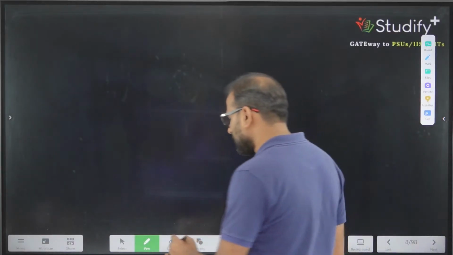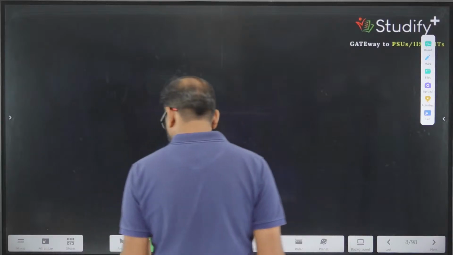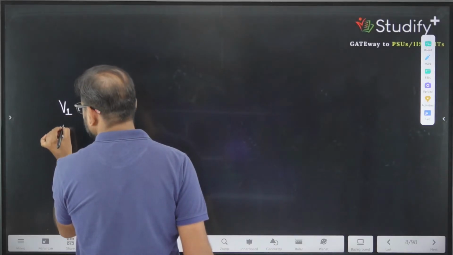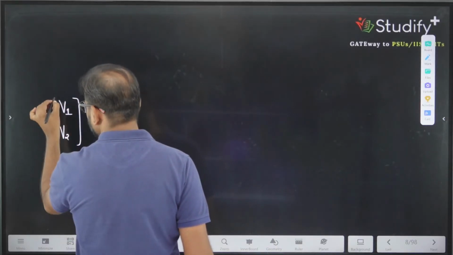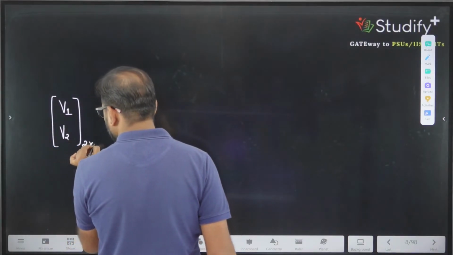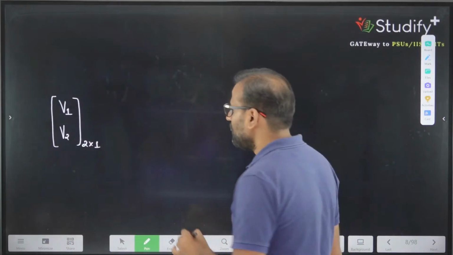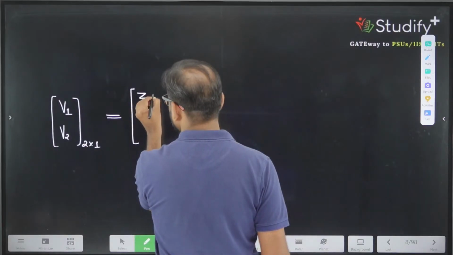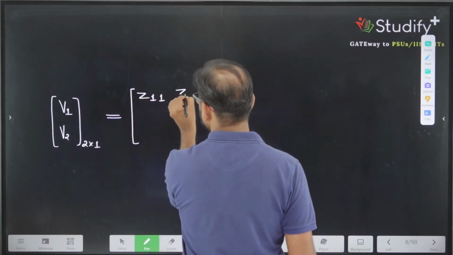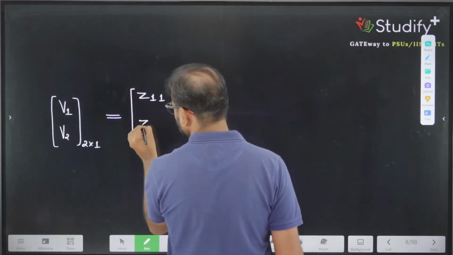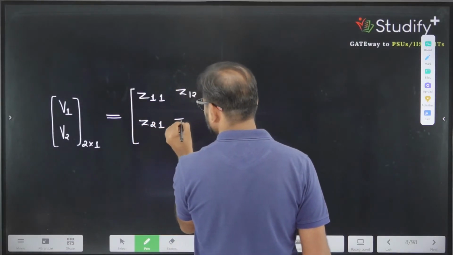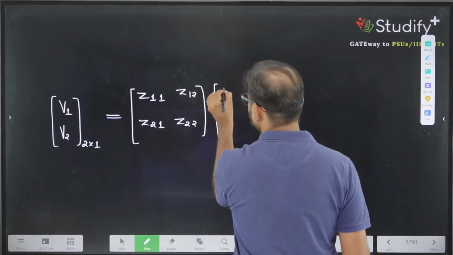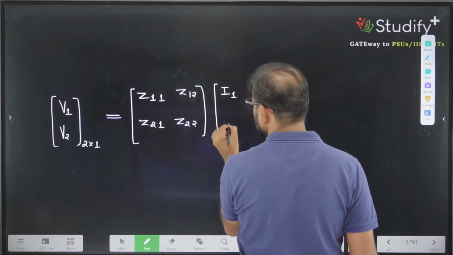So if I expand this, I can write V1, V2, a 2 cross 1 matrix, is equivalent to Z11, Z12, Z21, Z22 into I1 and I2.